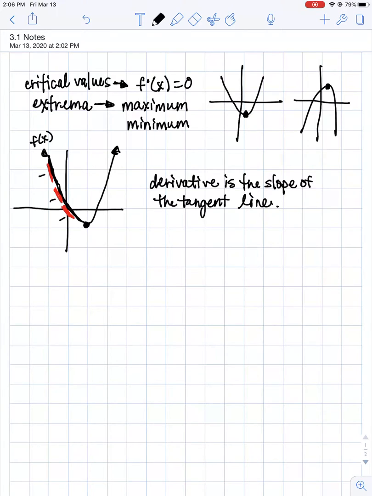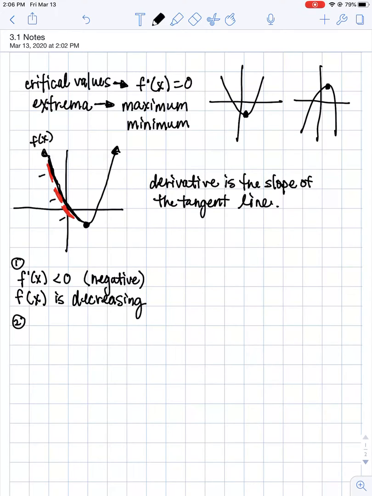That's one of the big ideas. If the derivative is less than 0, and I need y'all to know that less than 0 means negative, that means f of x is decreasing. And I just proved that to you up there.